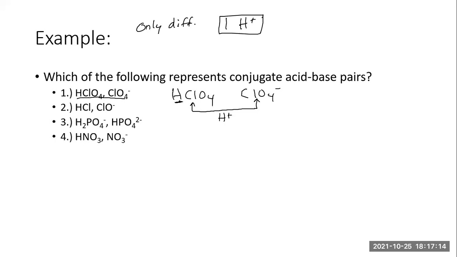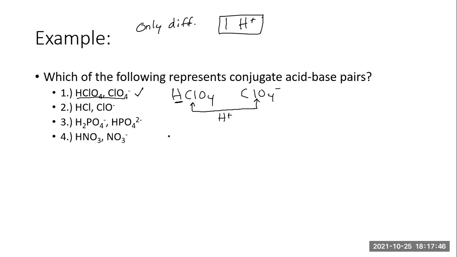When you take away the H, you're left with ClO4. And again, when you take away the positive, you become one more negative, which is what you have on the other side. Or you could just add the H+ to the guy on the right, you get the guy on the left. So because in number 1 the only difference is 1 H+, those two would be a conjugate acid base pair. Any questions on that one there?